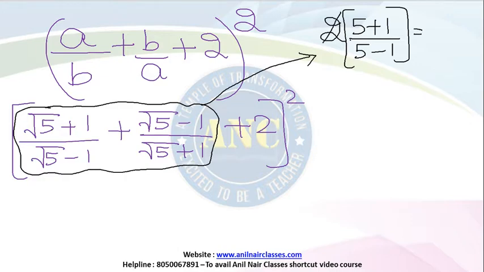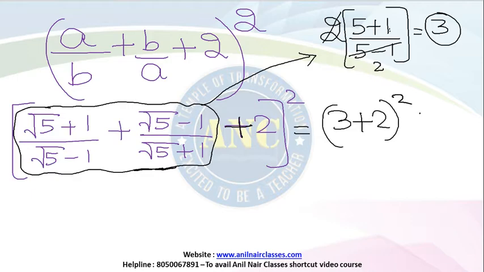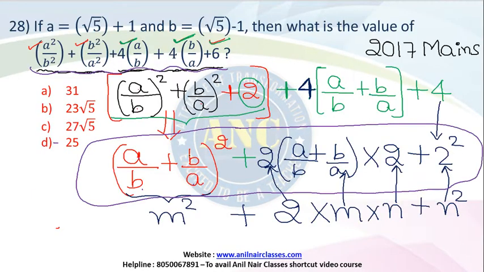So 2 into 1 is 2, 2 into 2 is 4, 5 plus 1 is 6, 6 by 2 is 3. That means this entire black color marked one is 3 plus 2. Answer is (3 plus 2) whole square. Answer for this question is 5 square, which is 25. Answer for this question is option D. Right? Answer for this question is option D.